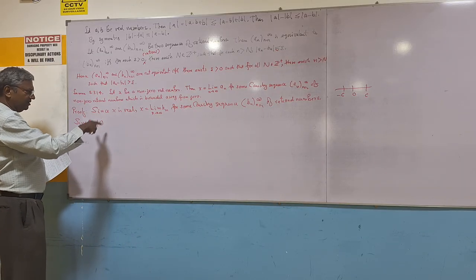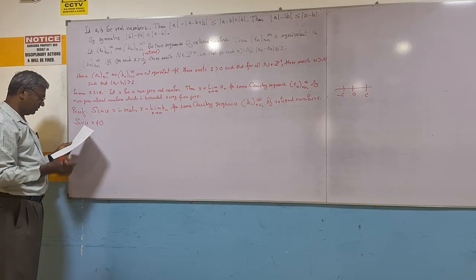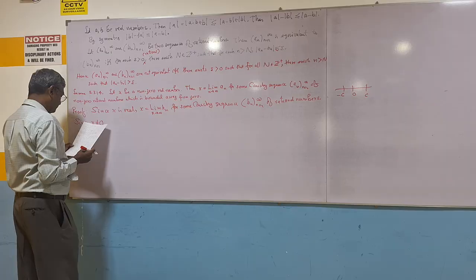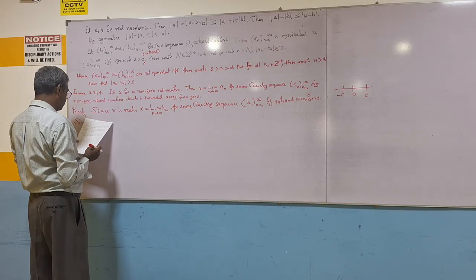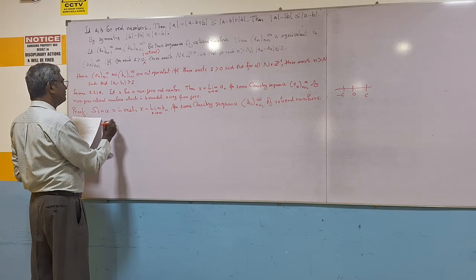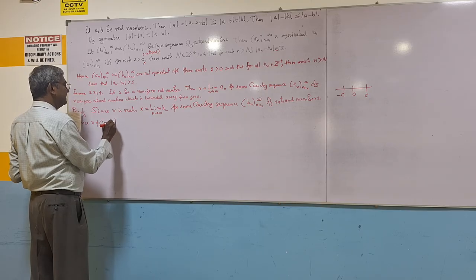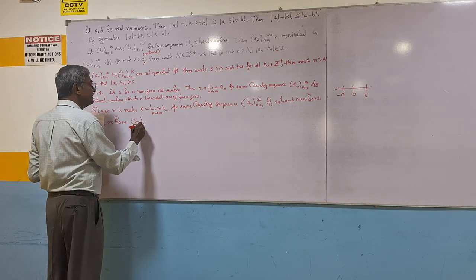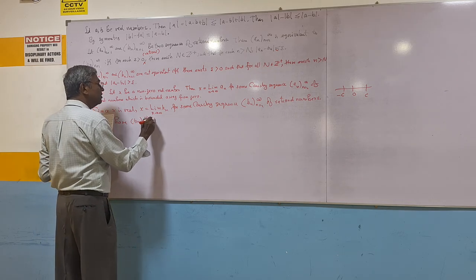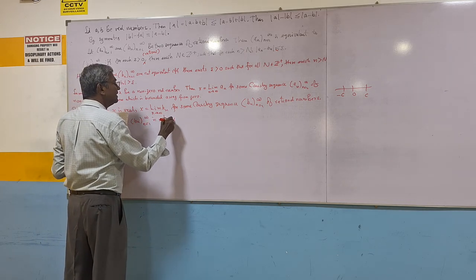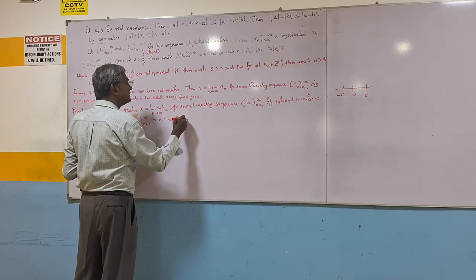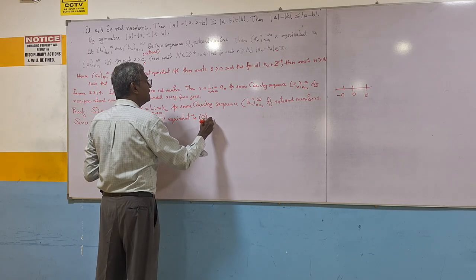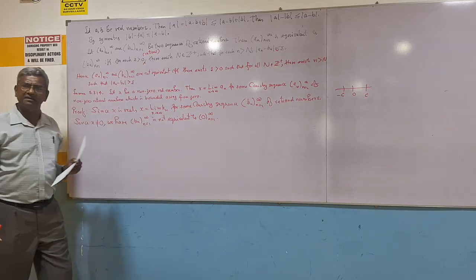So since x is not equal to 0, we have the sequence b_n, n going 1 to infinity, is not equivalent to 0, n going 1 to infinity.